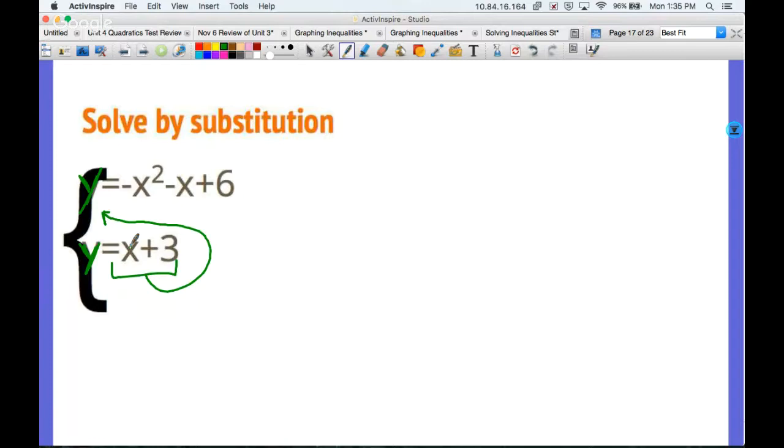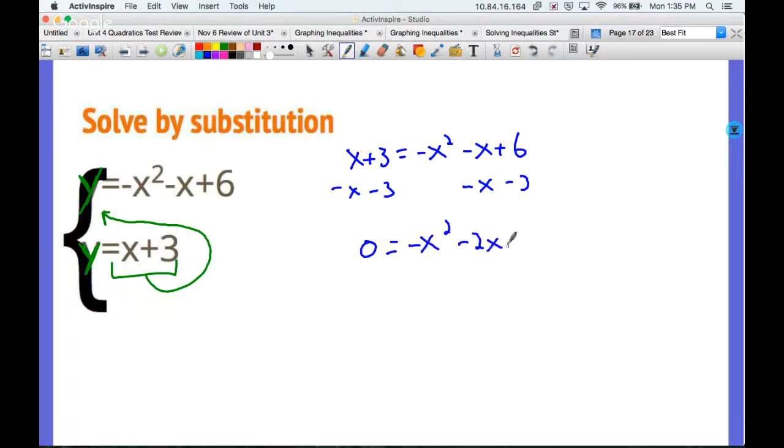After I plug that in, I get x plus 3 equals -x squared minus x plus 6. Subtract x from both sides, subtract 3 from both sides. 0 equals -x squared minus 2x plus 3.